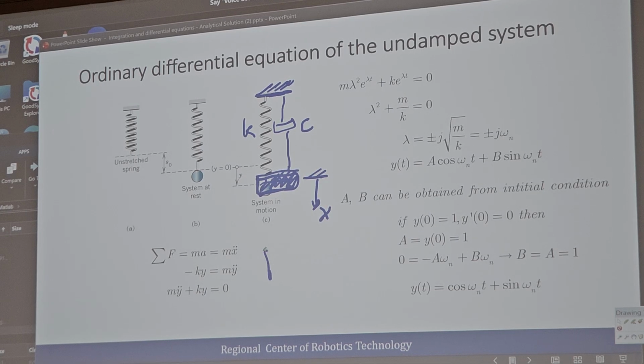The spring force will be kx, and the damper force will be c x dot. X is the position, and again we don't have mg, because x is measured from the equilibrium point.